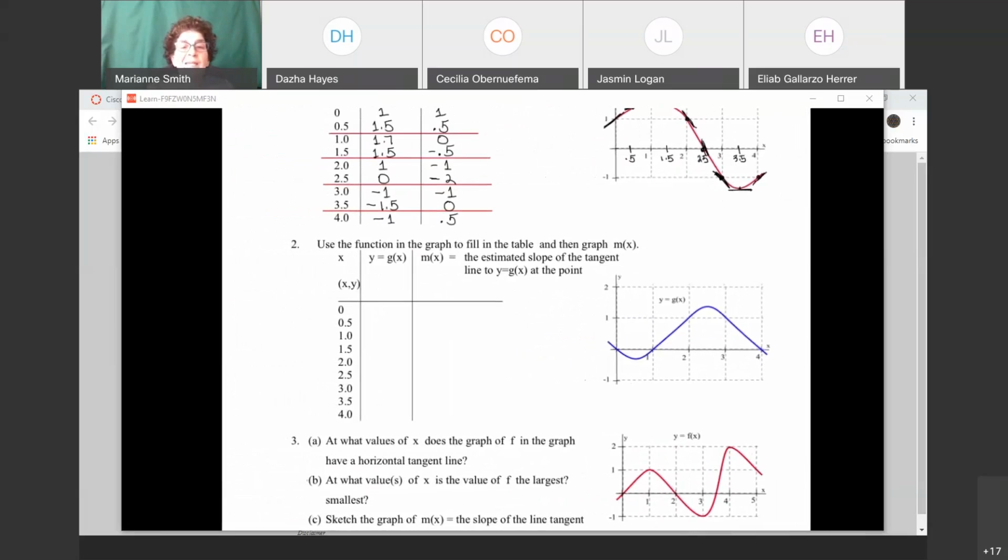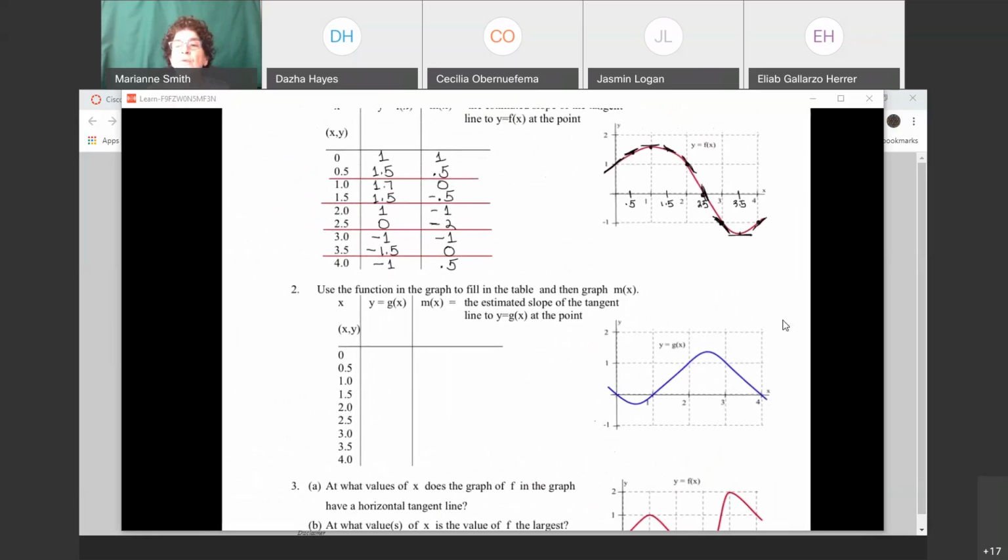Anybody questions on how I came up with the table or the graph? Any questions on the table I built? Okay. All right, now here's the fun part.